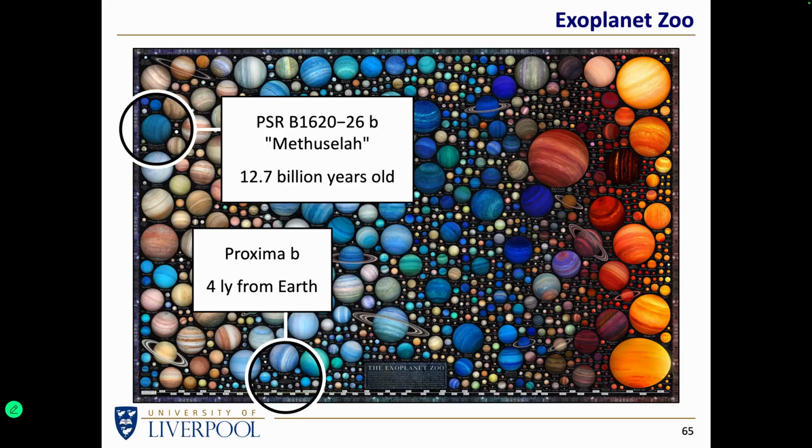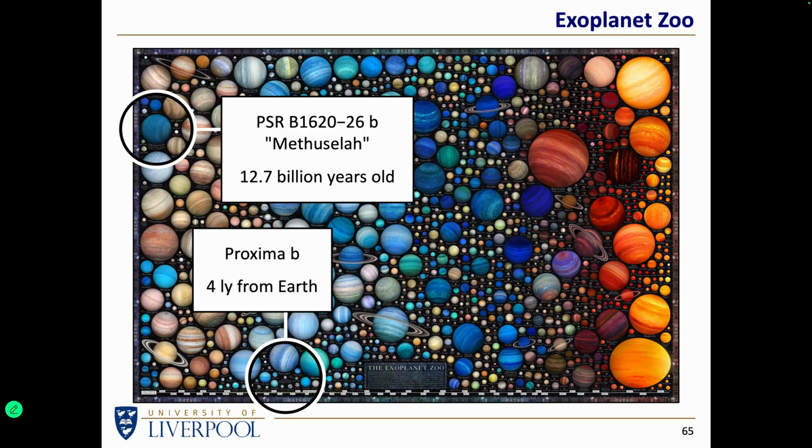One of the oldest planetary systems we found is this one, nicknamed Methuselah, which appears to be orbiting a star that's 12.7 billion years old. Now, we don't think there's any way that planets can form after their host star. We think that planets are always born at the same time as the star that they are orbiting. So if the star is 12.7 billion years old, then the planet is 12.7 billion years old.